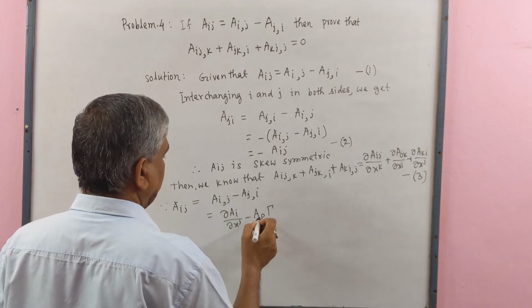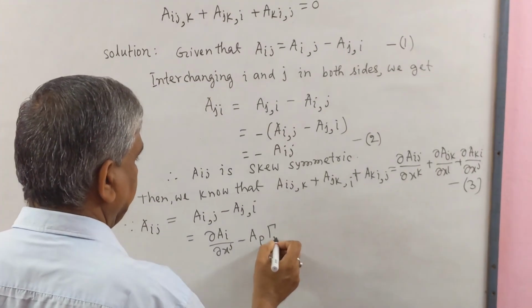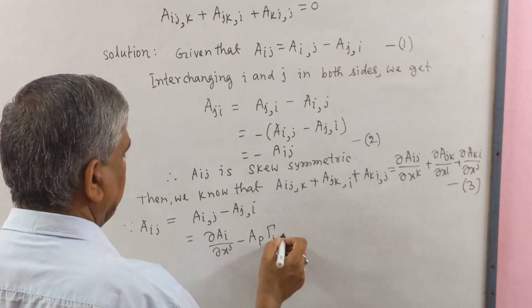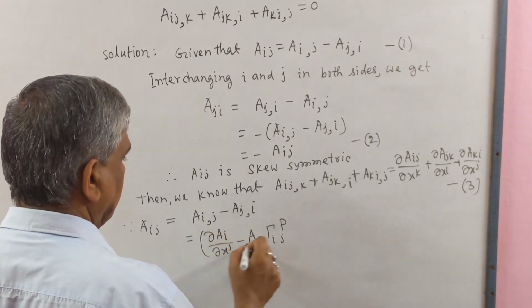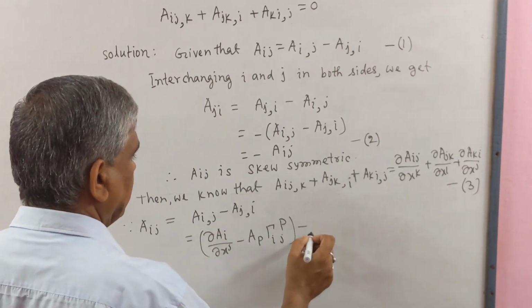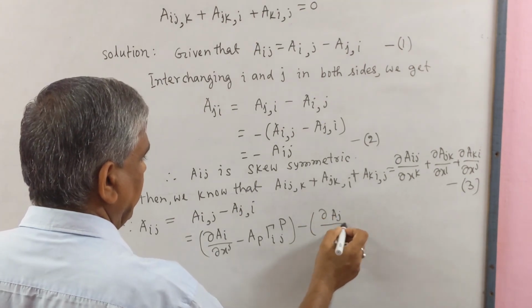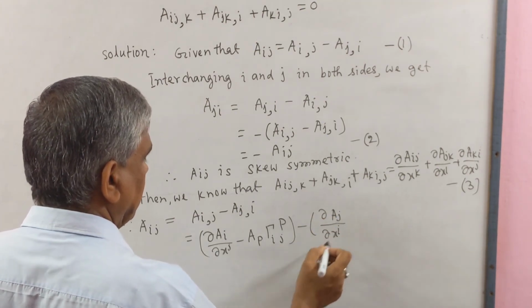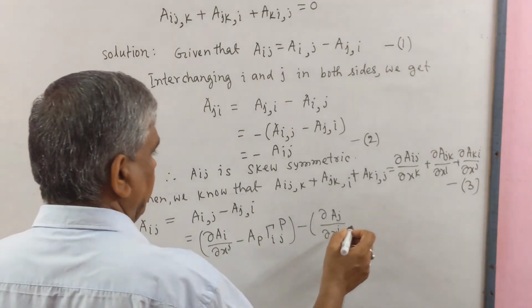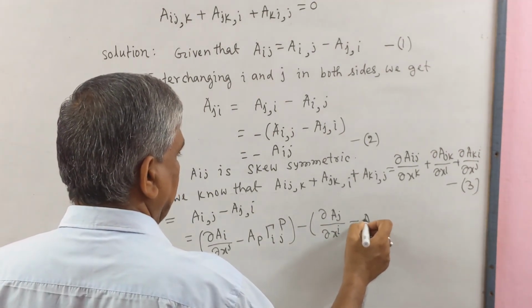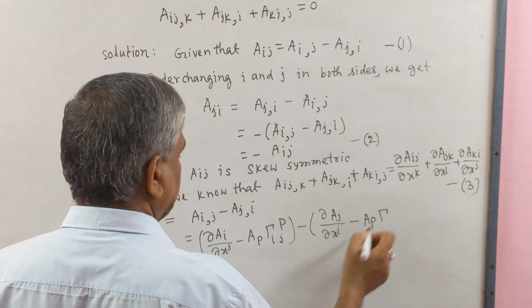We have replaced i by p. Here we write {p; ij} minus del a_j by del x^i minus a_p Christoffel symbol second kind.